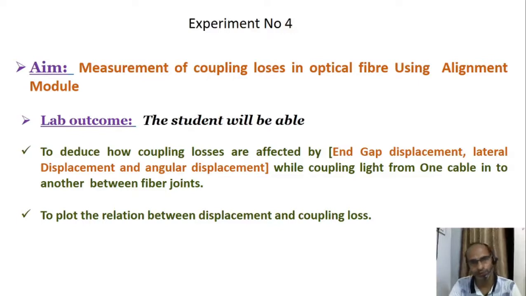Experiment number 4. The aim of this experiment is measurement of coupling losses in optical fiber end gaps using the alignment model.